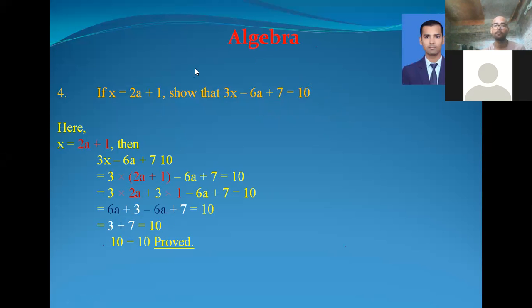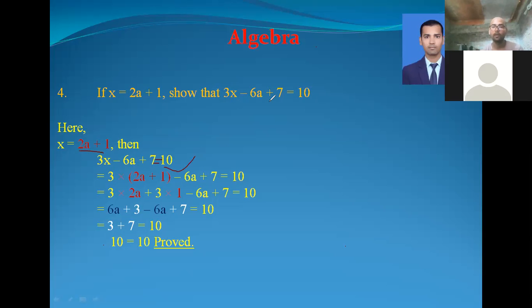You can see the solution on the screen. Here, x is equal to 2a plus 1 is given to us. Then we have the expression 3x minus 6a plus 7 is equal to 10.